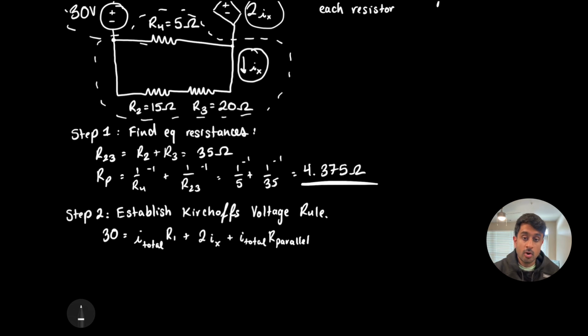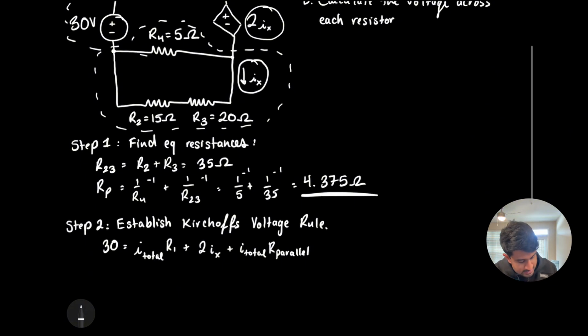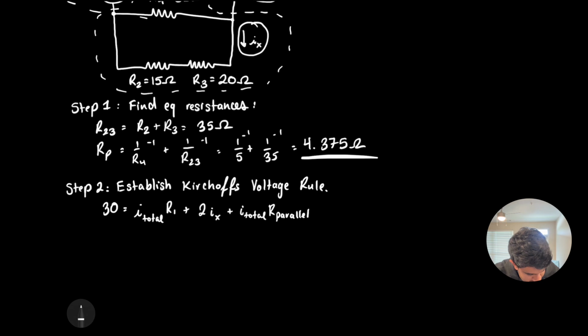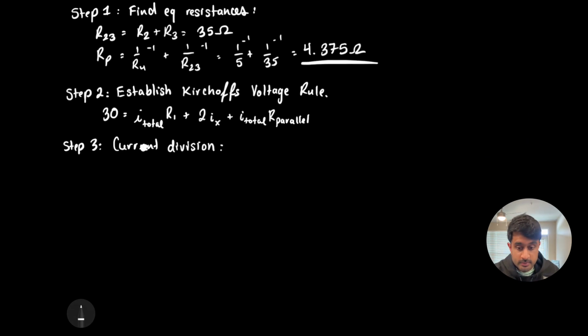Fortunately, we can use the current splitting formula. In this case, the current splitting is going to involve IX and I total, and we can write that as step number 3. So step 3, current splitting or current dividing. That formula is going to look something like this.